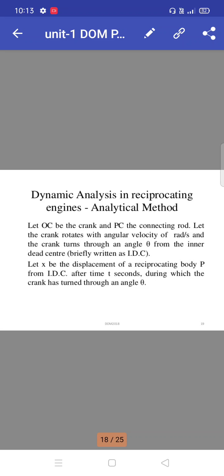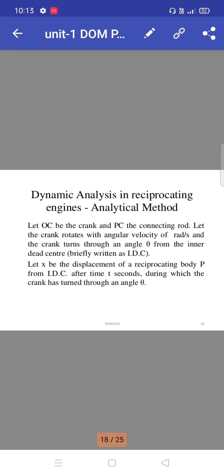Dynamic analysis in reciprocating engine, analytical method. From the diagram we can specify: let OC be the crank and PC be the connecting rod. Let the crank rotate with angular velocity omega radian per second, and the crank turns through an angle theta from the inner dead center, briefly written as IDC.